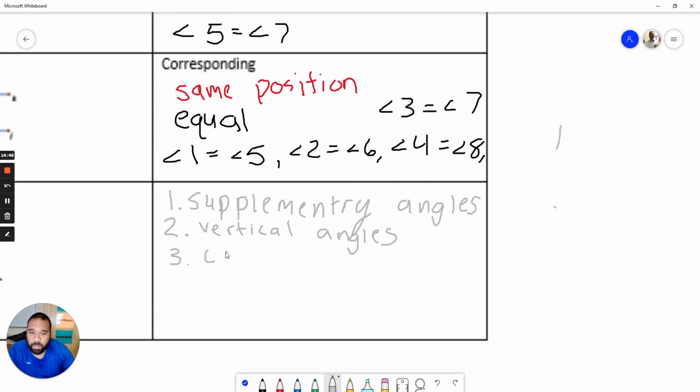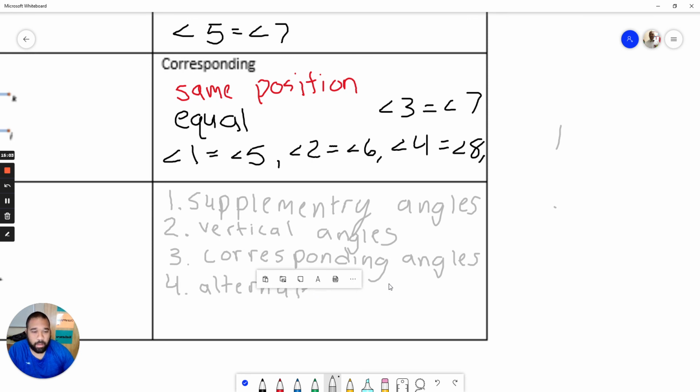You can use corresponding angles. Or alternate interior/exterior angles. These are the 4 methods you can use.